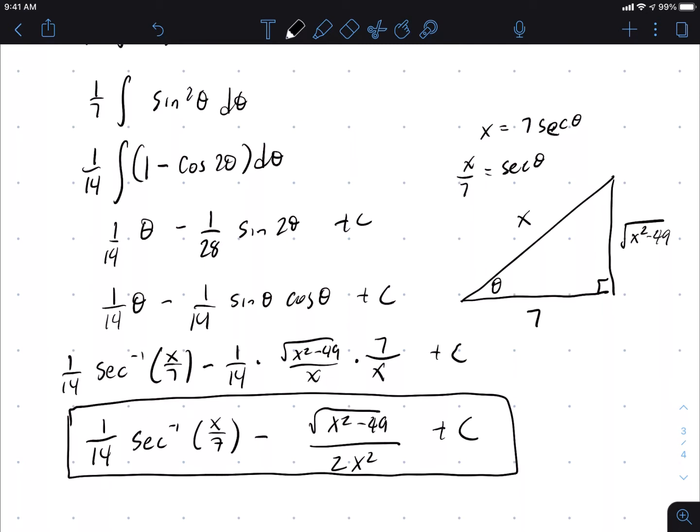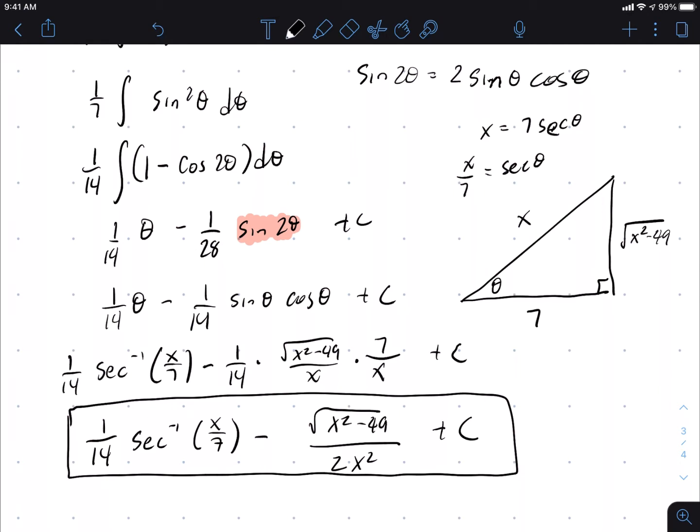All right. I have a question. Yes, please. How do we go from 1/28 sine to 1/14 sine? From here to here? Yeah. Okay, so this here has a rule, right? So the trig rule for that is sine of 2 theta is equal to 2 sine theta cosine theta.